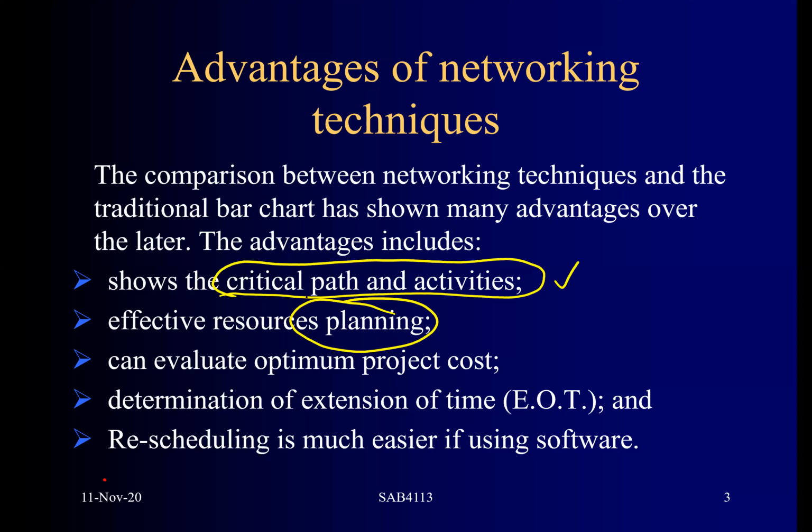When we are in conflict, for instance, we have two activities running at the same time that require the same resources, the resources cannot work at two places at the same time. Then comes the issue of priority. Where are we going to give the priority? This is where critical and non-critical activities play a very important part. That's what we need to know.